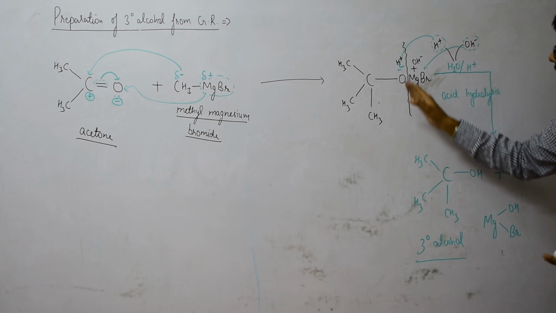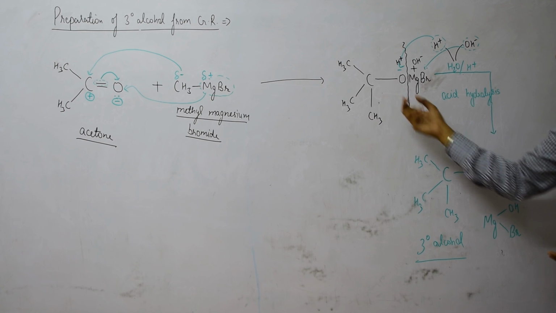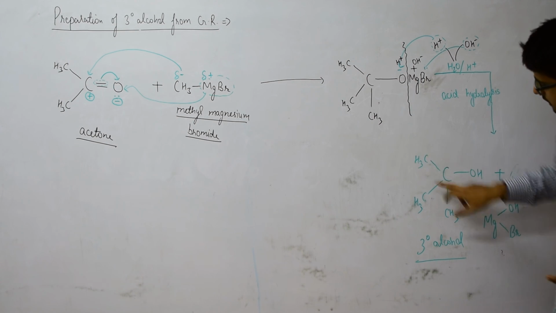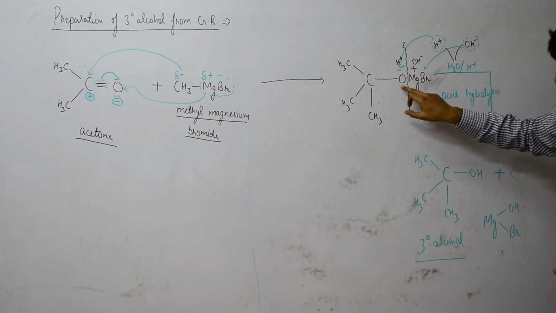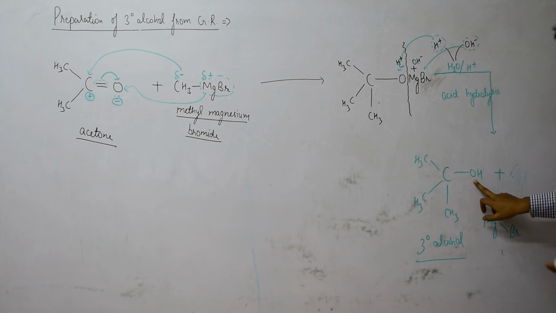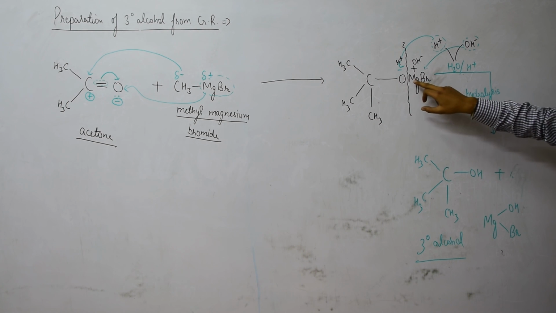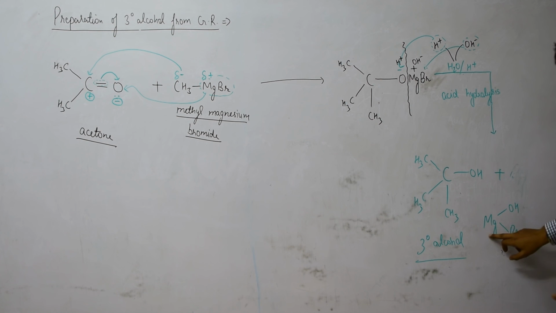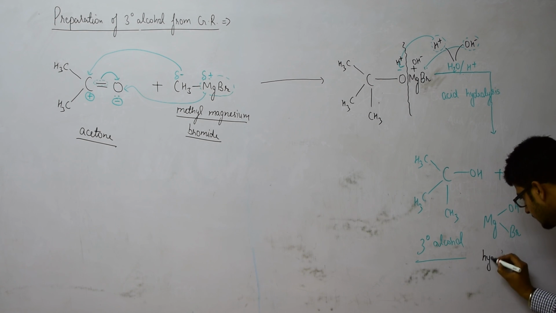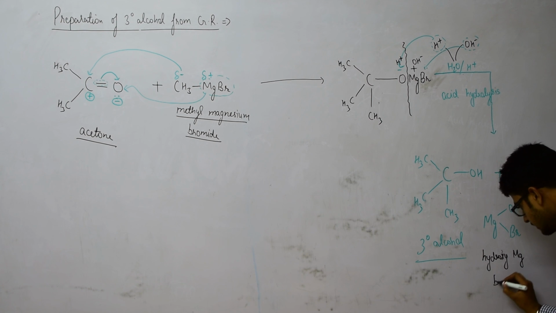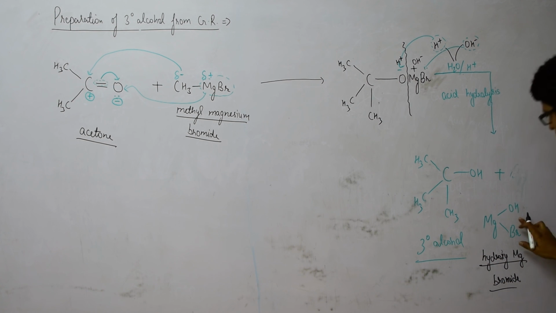So cleavage of bond will take place over here. It will lead to the formation of CH3, OH. This is the alcoholic part, tertiary alcohol, and this will be MgOHBr, and this is hydroxy magnesium bromide.